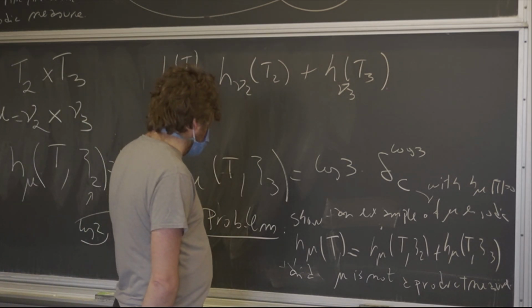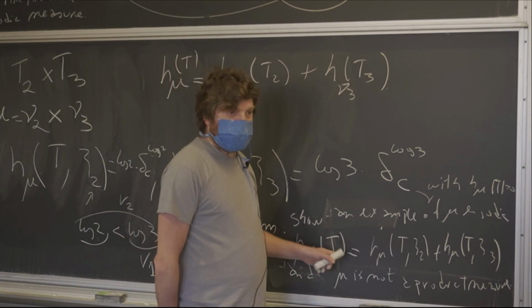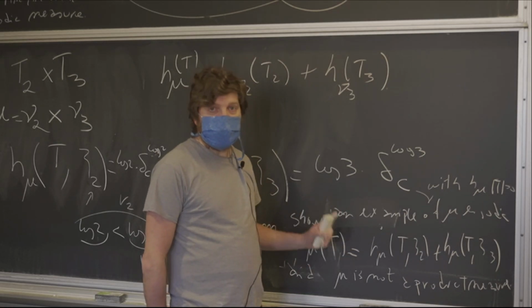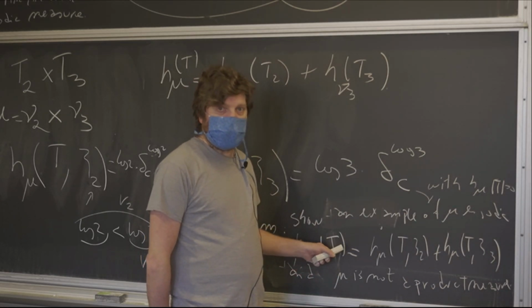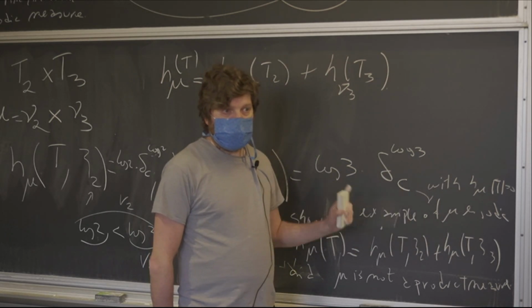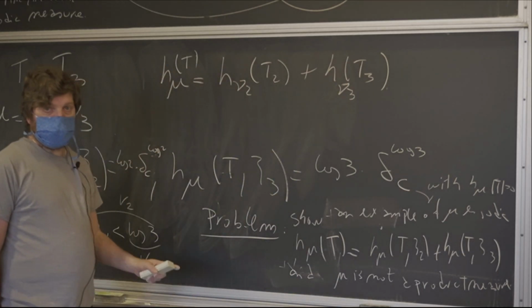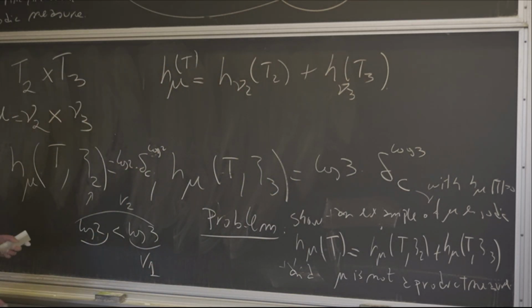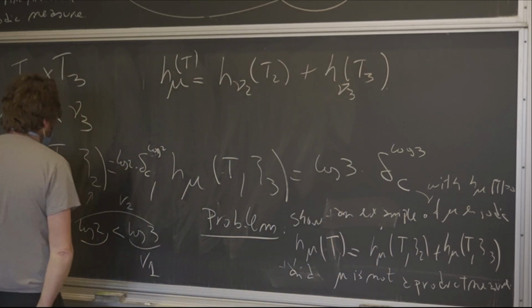And the third problem would be to find the correct statement that will imply that the measure is a product measure. So what's the correct equivalence between entropy here and entropy there that will make the measure actually the product measure? Now, in any event, even if you don't have the product structure for the measures, it's good to have the product structure for the entropies.